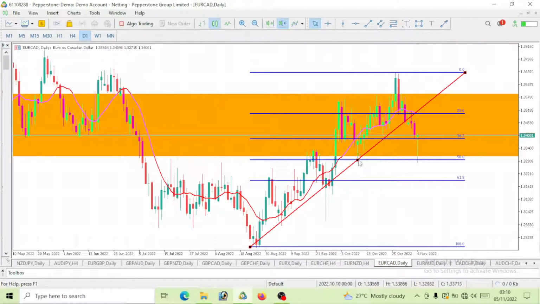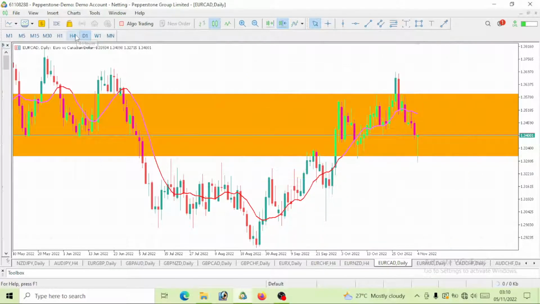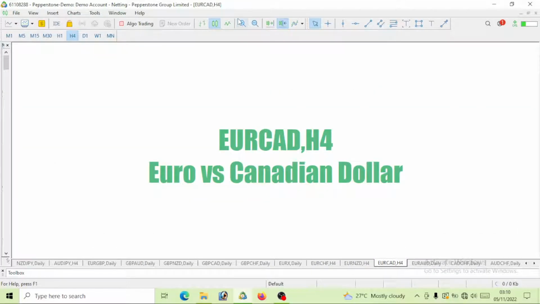We saw it come to this 50% once previously. Now it has dropped. After it has come, what do you expect? Another bullish move. So this week we should see EURCAD give us that bullish move and break this high. So EURCAD on the daily time frame, we are still on a bullish move, right?